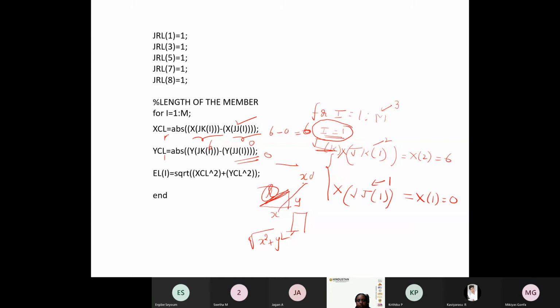This x I am calculating. Now I will move on to the y calculation. So what I have to do is jk of 1, that is y of jk of 1 is equal to, what is jk of 1? Somebody can tell me? Jk of 1?